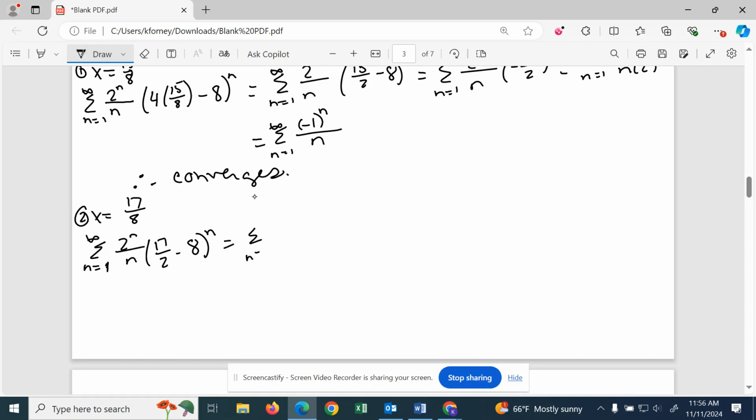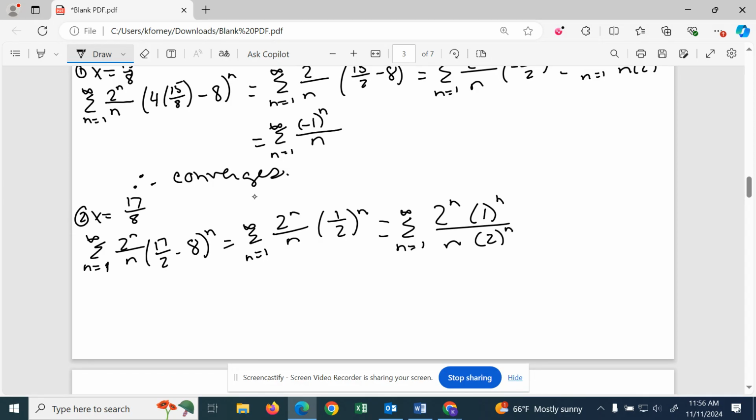And so then simplifying 17 halves minus 8 gives us a positive 1/2 to the n. And we can do a similar thing here where we split up the 1/2 so that we're able to cancel and have n equals 1 to infinity, 1 to the n over n, which is just, because n is going to be positive, 1 over n.